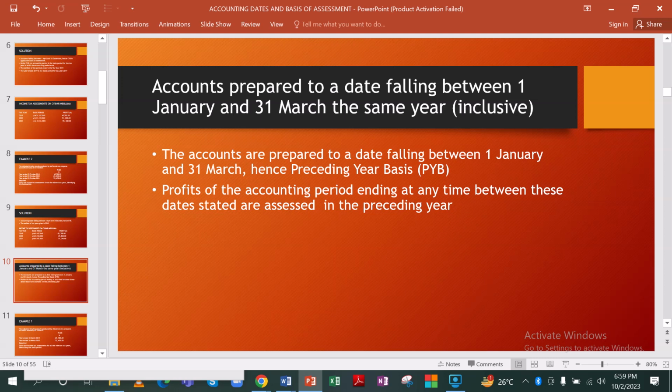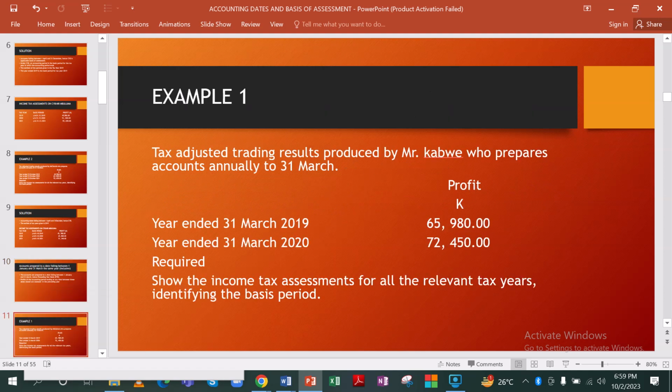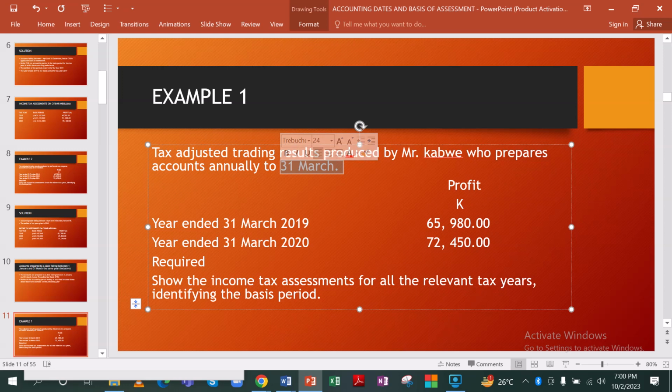Okay, so let's look at an example so that we can see how these rules are applied. We have example 1. Tax adjusted trading result produced by Mr. Kabwe, who prepares accounts annually to 31st March. So mark the date. It's 31st March. What does it mean?